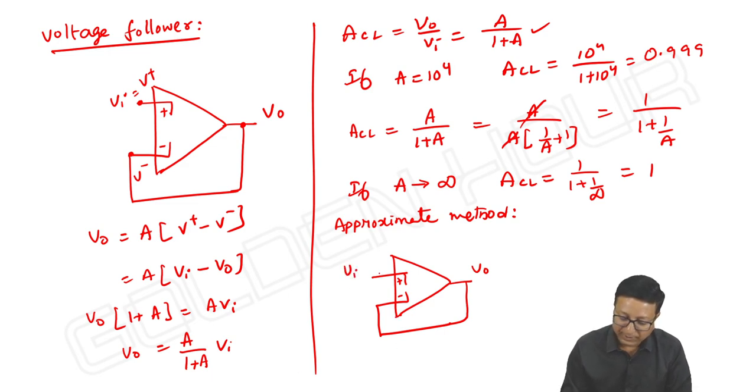V minus is equal to V output and V plus is V input. So V output is equal to V minus, which is equal to V plus, which is equal to V input.